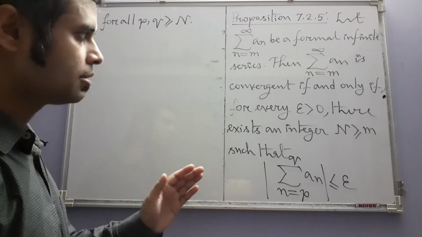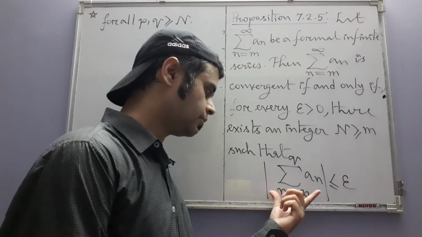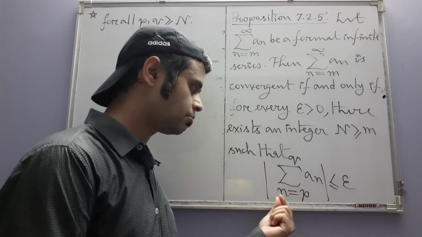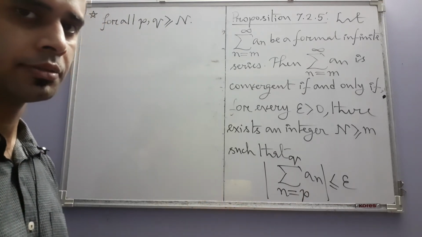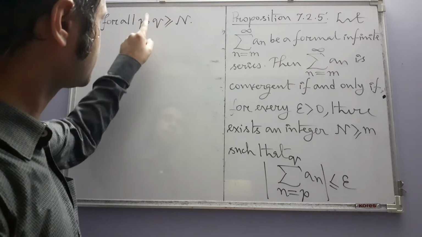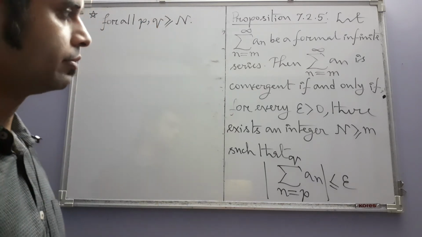So the series is convergent if and only if these finite portions can be made as small as we like, starting from some stage, and these are tails of the series.